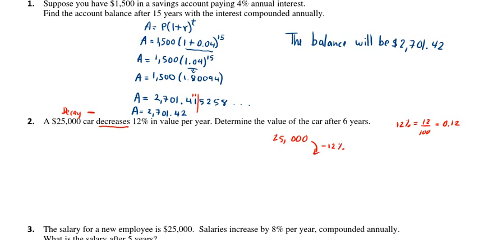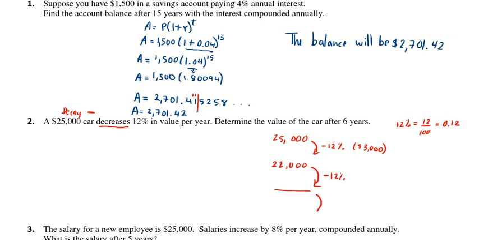After the first year, it is going to be worth only $22,000, because 12% is $3,000. It's going to lose $3,000 of value, so that after the first year, the car is only worth $22,000. And then for the second year, it is going to lose 12% of this one, not of the original value, but now 12% of the 22,000. And that's what you will get here.